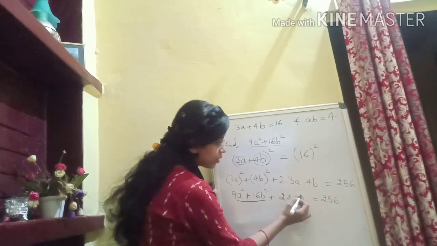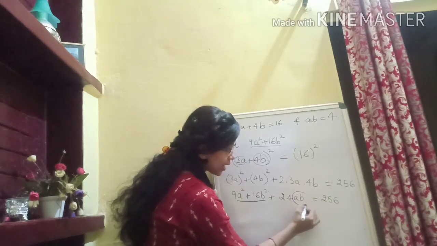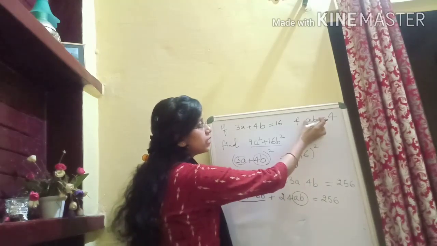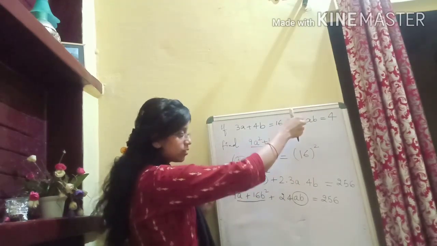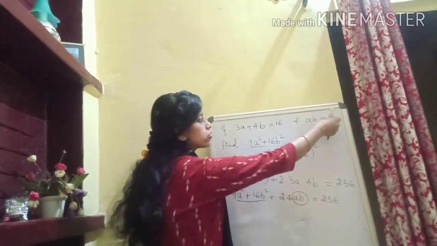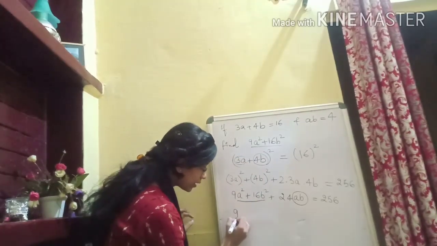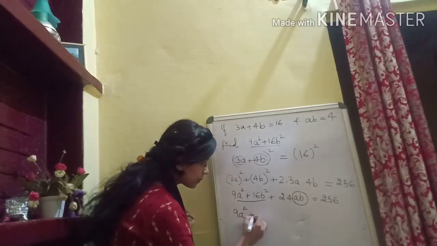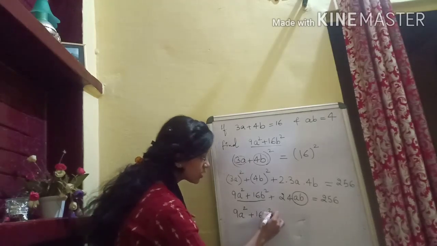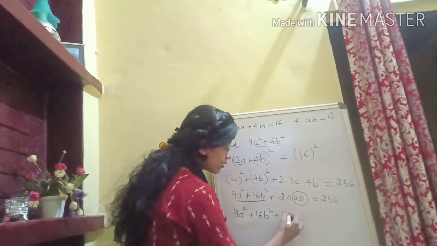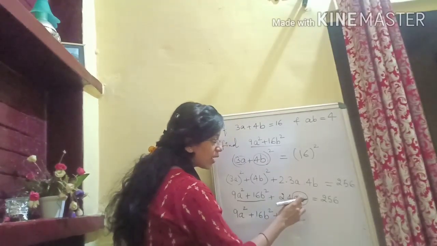Now what about this term? We know that this is a into b, and we can put the value of a into b from the question that is given: ab is equal to 4. So we write 9a square as it is plus 16b square as it is, because we have to calculate the value, plus 24 into a into b.